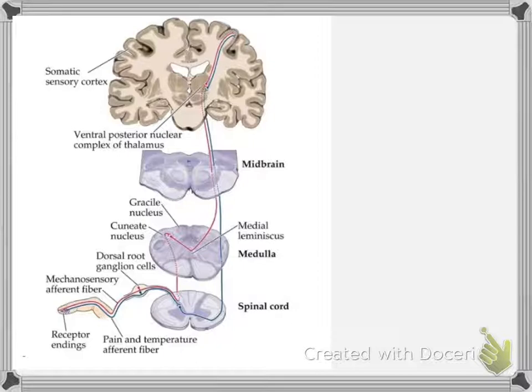I don't have a video that I recorded, but an image that I drew out myself. Here you can see the somatic sensory cortex, the ventral posterior nuclear complex, which is in the thalamus, the midbrain, the medulla, and the spinal cord.